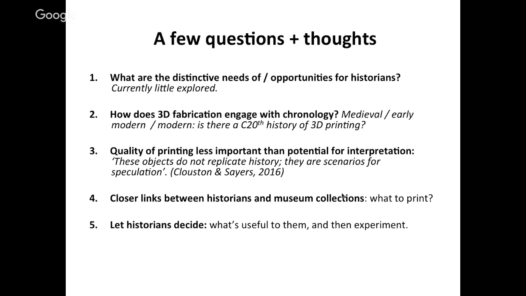We should be talking more closely as historians to museum collections in terms of what we think as historians they should print or would like to print for the benefit of history teaching, but also then taking it further to historians in particular to ask them what they would think valuable in terms of printing, and to follow on our experiment in 3D printing from there.